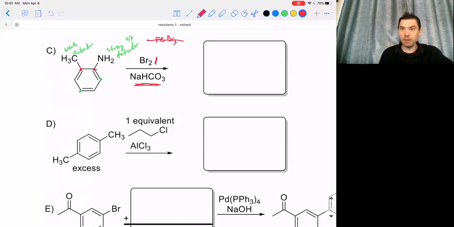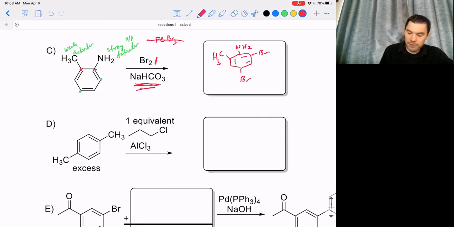Now, one downside of using a ring that is so activated is it sometimes becomes susceptible to overbromination. And that's probably what would happen in this particular ring. After you undergo one bromination, the ring is still going to be very, very activated by the NH2, and it'll probably undergo a second bromination.